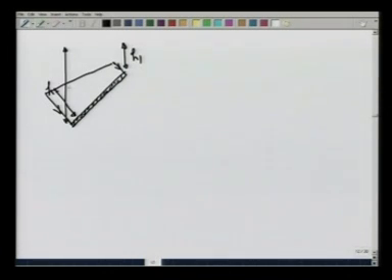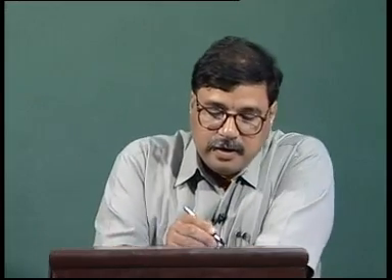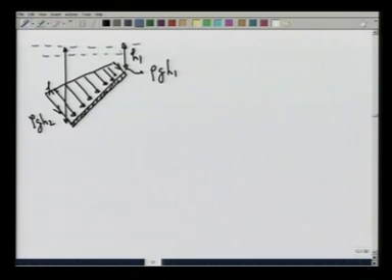So the loading on the plate or the sheet is going to be of this form, where this is rho g h2, this is rho g h1. Here is the water surface on top. At depth y from the top of the water surface, the force acting on a thin slice here is going to be rho g y per unit area.